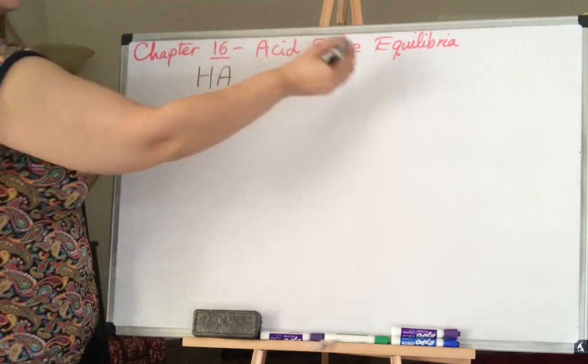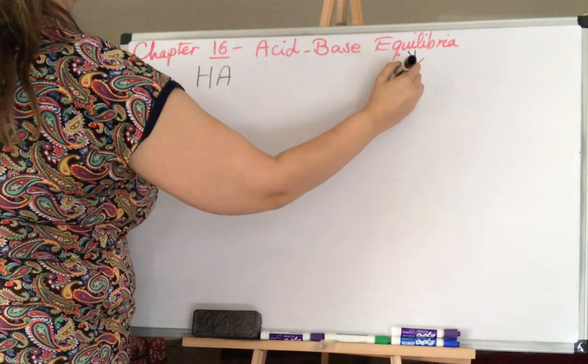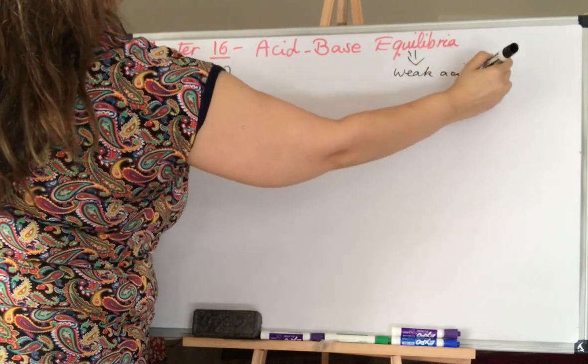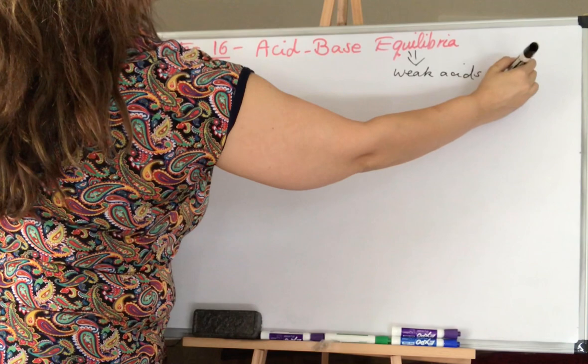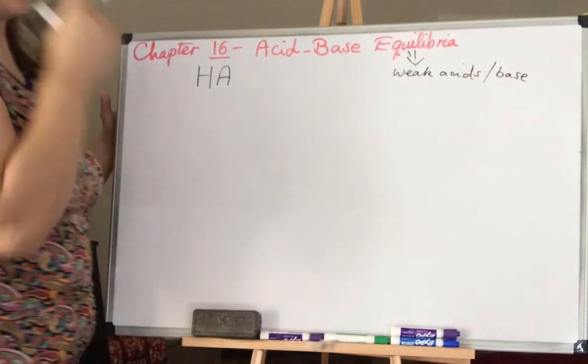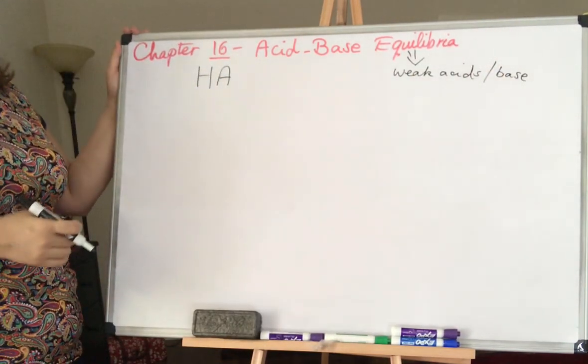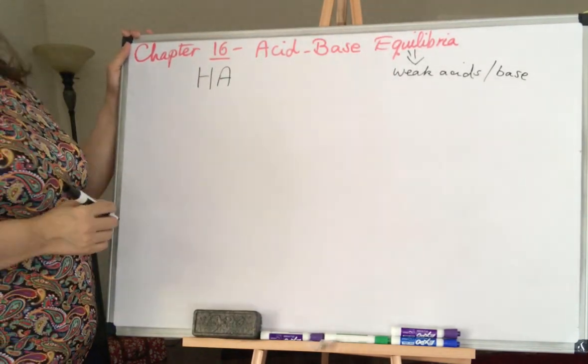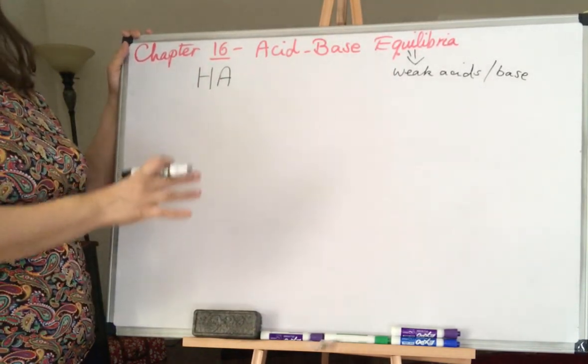When we say equilibrium, we mean weak acids and bases, right? Because for strong acids and bases, we do not have an equilibrium. They ionize 100%. So we talk about the weak acids and bases. And we first start with the acids.